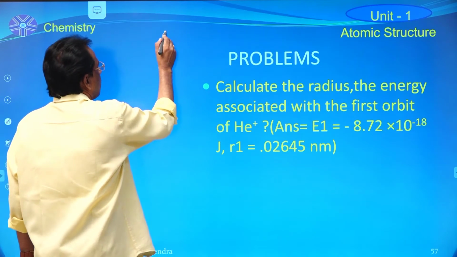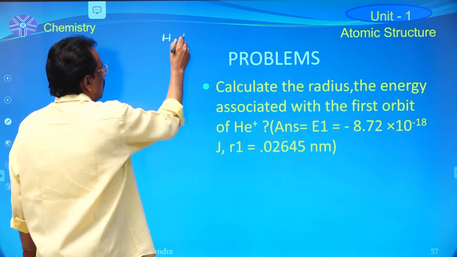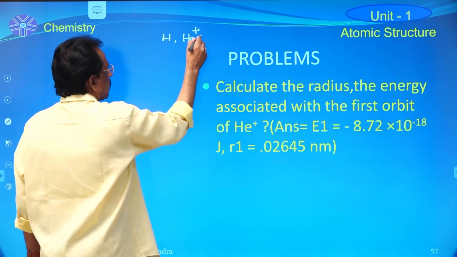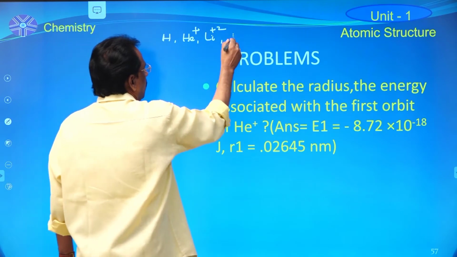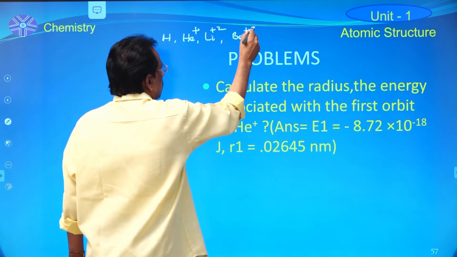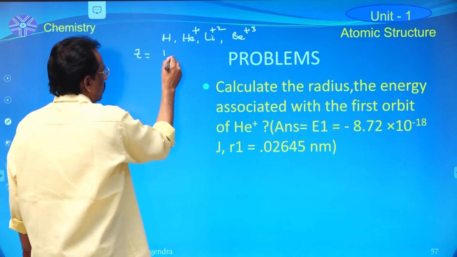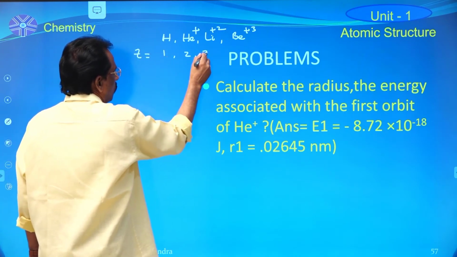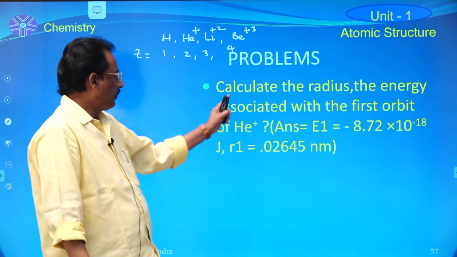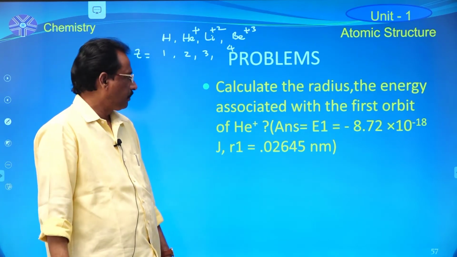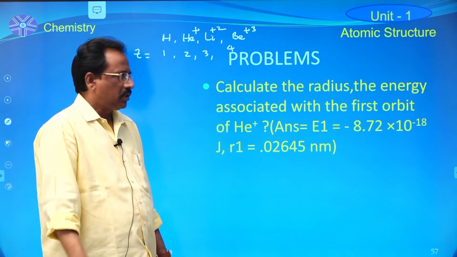For hydrogen atom and He plus, Li plus 2, beryllium plus 3, the value of Z is equal to 1, 2, 3 and 4. This is an important model problem while applying the radius and energy of the orbit.